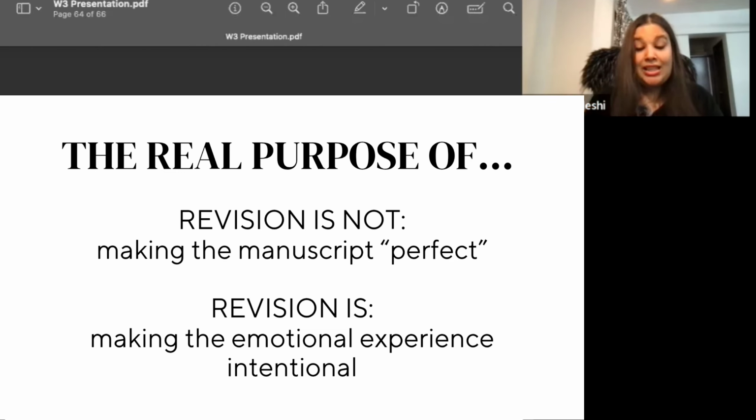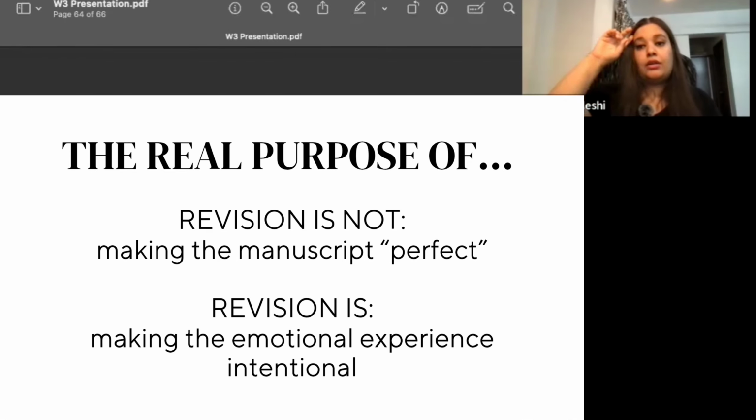But worse, they publish the book anyway, and then the book fails to impress or entertain the readers. And that is when the writers regret not working on their manuscripts, not putting all those hours in revision and just going with maybe the first or the second draft and publishing it. So, trust me when I say you need to put in all this hard work in order to make sure that your manuscript is the best possible version of itself.